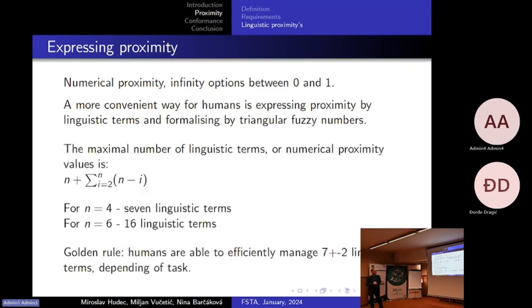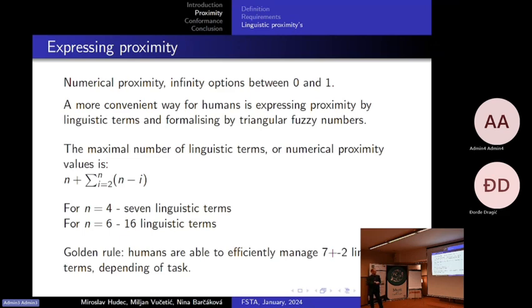For instance, when we have 4 categorical values, we need 7 different linguistic terms, because on the main diagonal there is only 1, and then we fill half of the matrix, since the second half is symmetric.